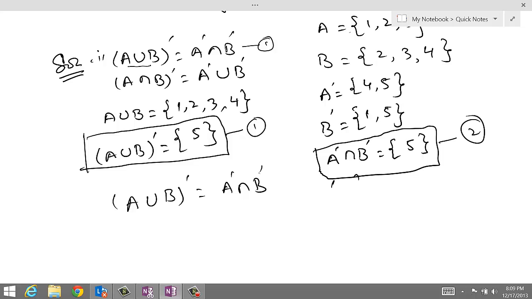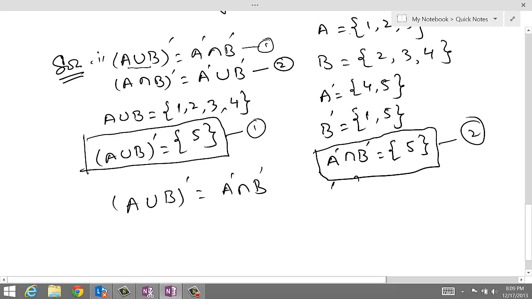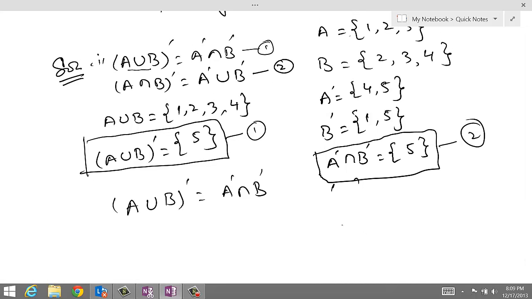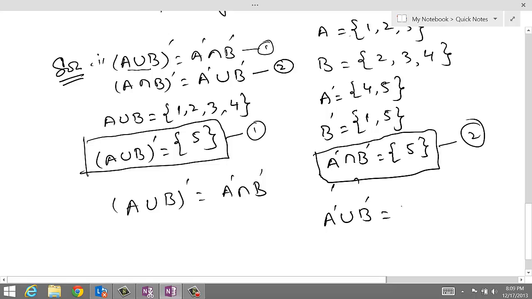and this will be true for any two sets given in a question. If we want to prove the second De Morgan law, we can proceed similarly, but for the second De Morgan law we will need to calculate, for the right hand side, first A complement union B complement. And what is this?